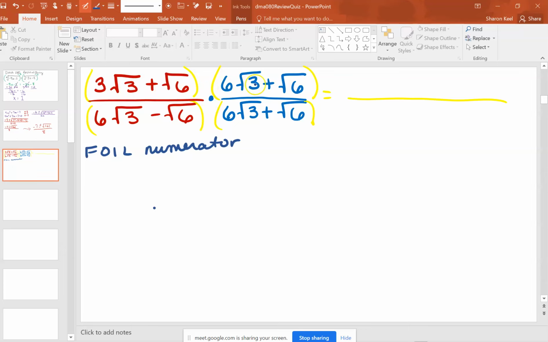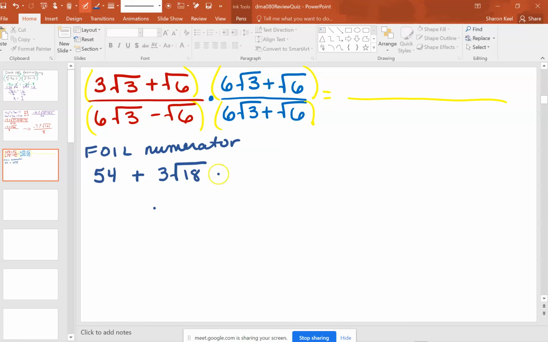Notice square root 3, square root 3. So that means a 3 comes out, and 18 times 3 is going to give us 54. That's the first. The outside is going to be a 3 square root 3 times 6 is 18.